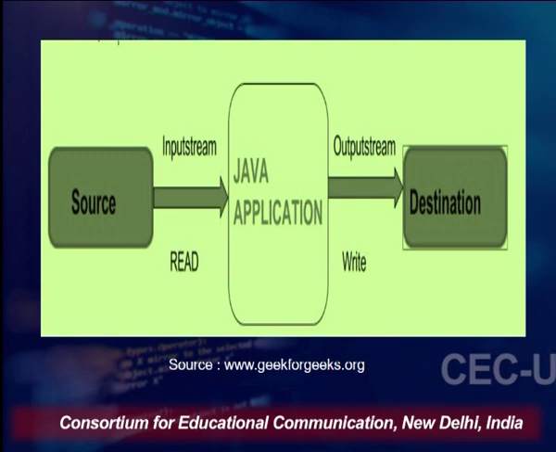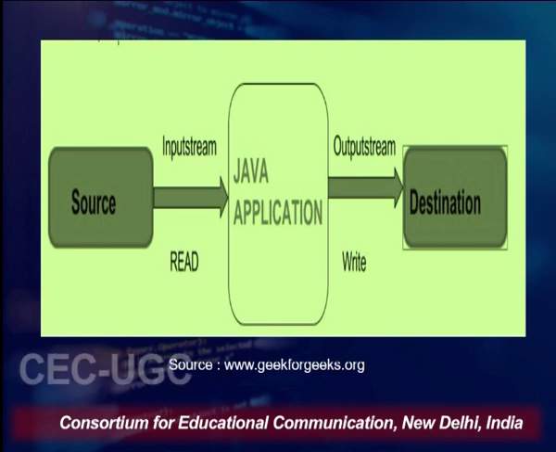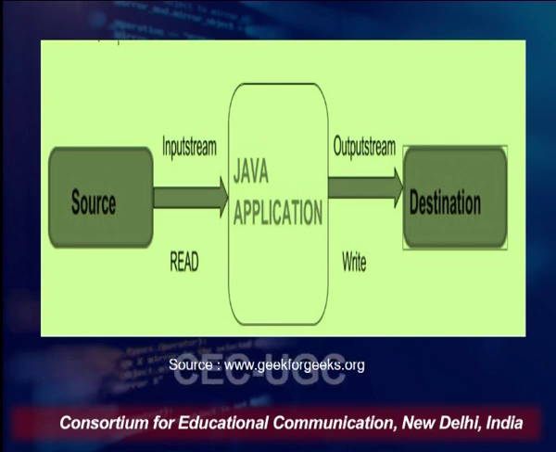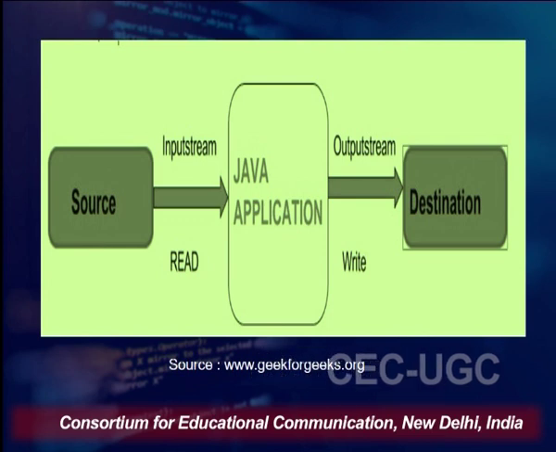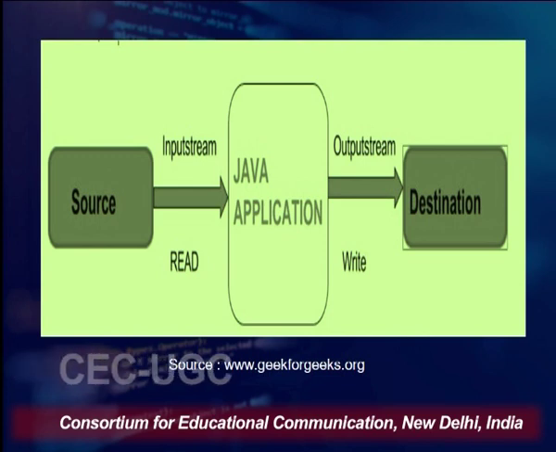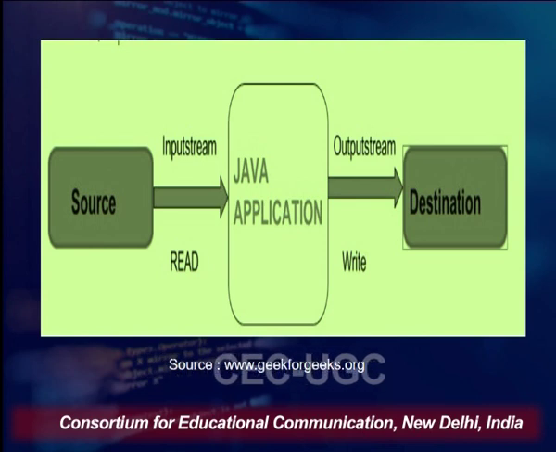Now, when we talk about input and output, those of you who have read any other language previously must be aware that any programming language takes the input or output in the form of streams. And here is a figure which shows that there is a source from which a Java application is reading something.